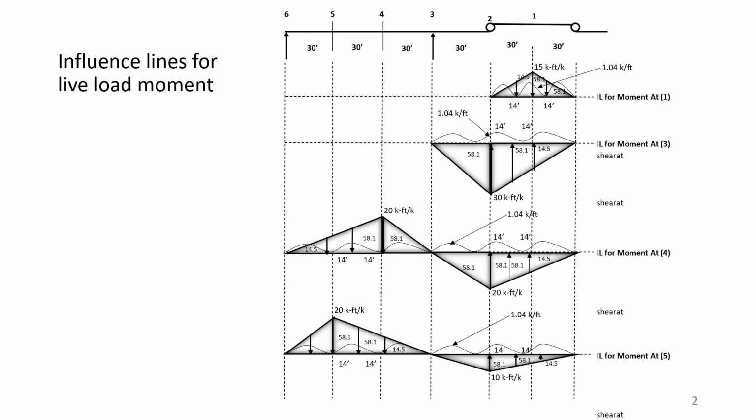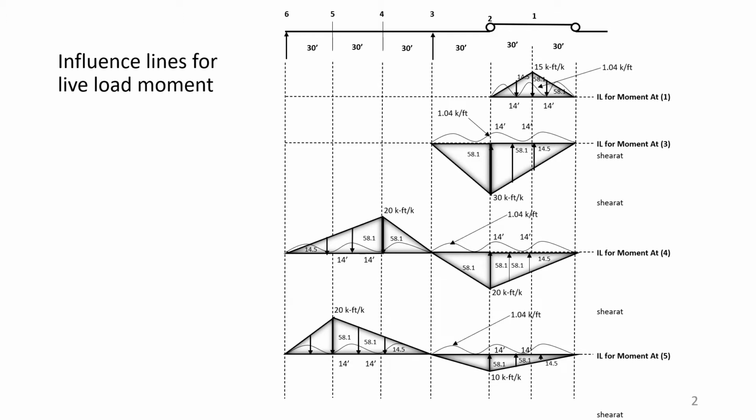The influence line ordinates are calculated on the basis of unit load, and our unit load is 1, and that's why the value is half into 30, equal to 15 kip feet per kip.